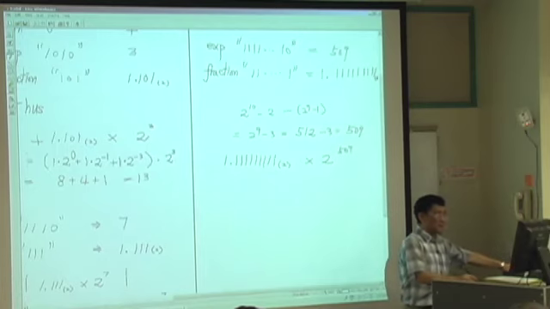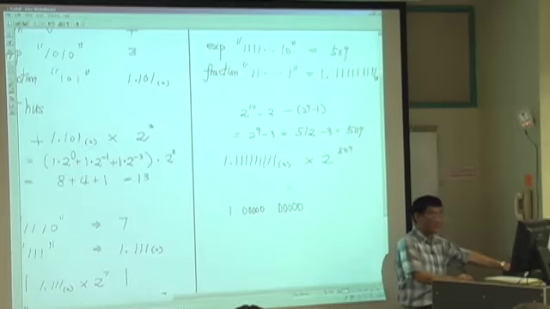So I will show you the reason. It is the binary representation of a number. We have an 11-digit number. Then this number is 2 to the power of 10. Do you follow me or not?